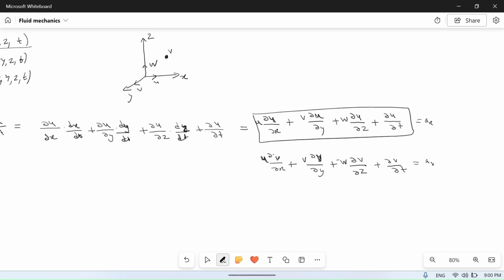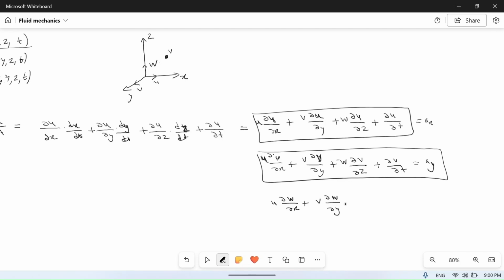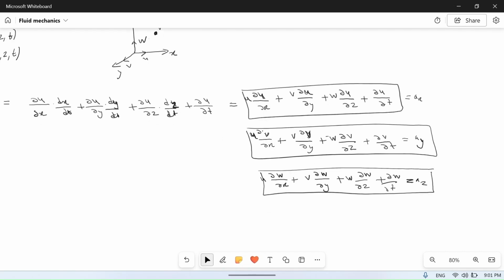This is our ay. Similarly, in the z direction it can be written as u del w by del x plus v del w by del y plus w del w by del z plus del w by del t. This is our az, the acceleration in the z direction. So this is our total acceleration.